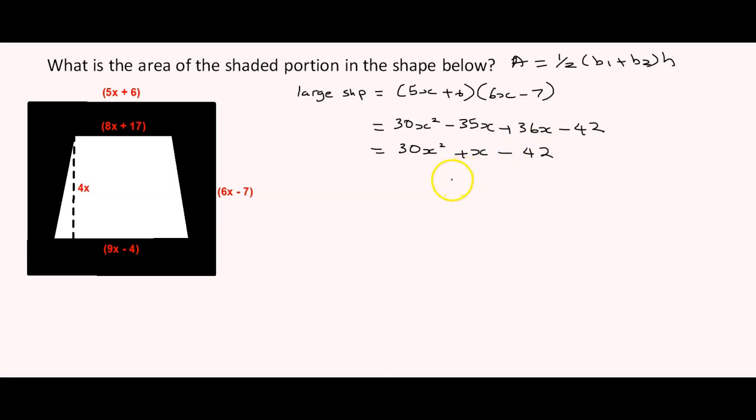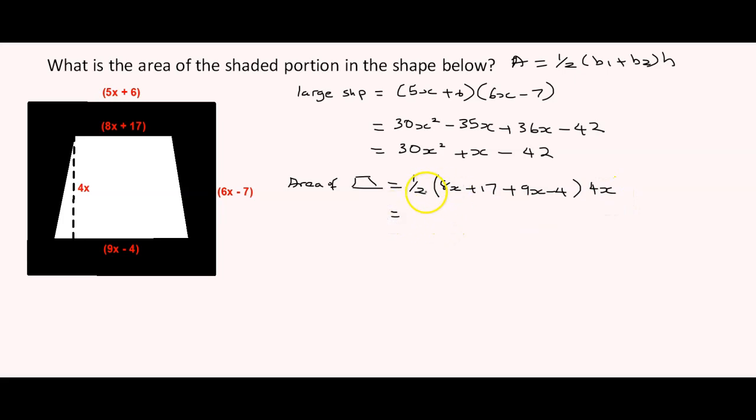So the next thing we're going to now do is find the area of the trapezoid, or for others we may call it trapezium. Area of trapezoid is going to be equal to 1/2. We're going to add up 8x plus 17 plus 9x minus 4, and then we're going to multiply that by 4x.